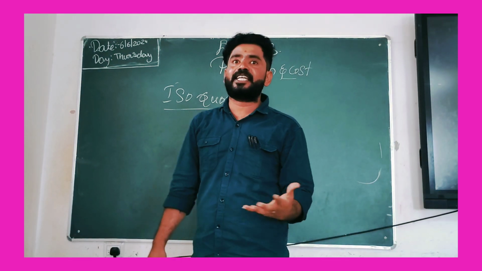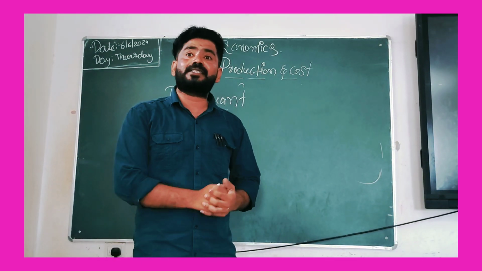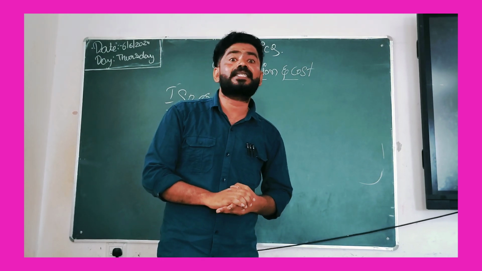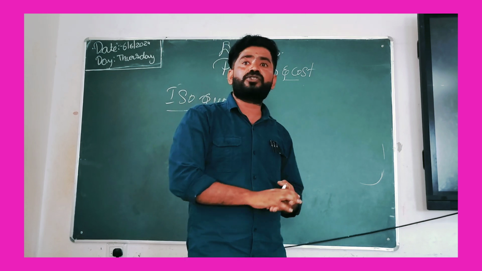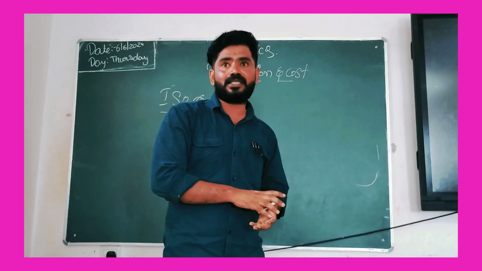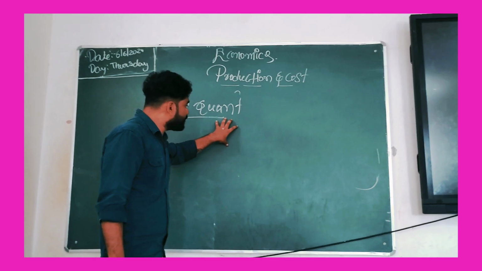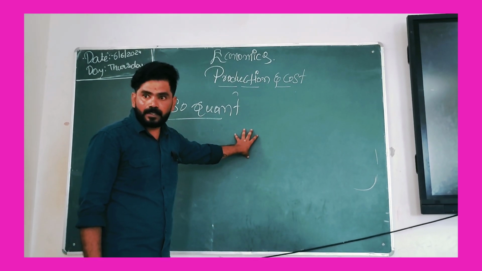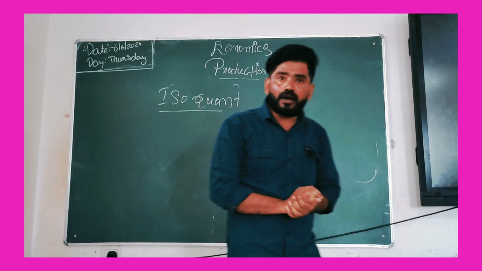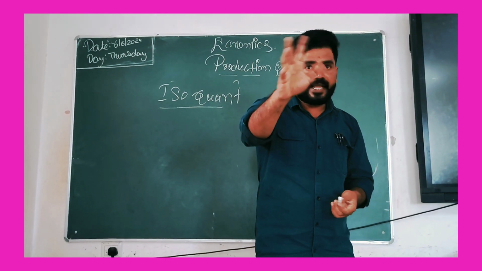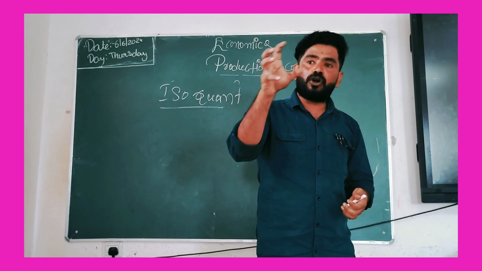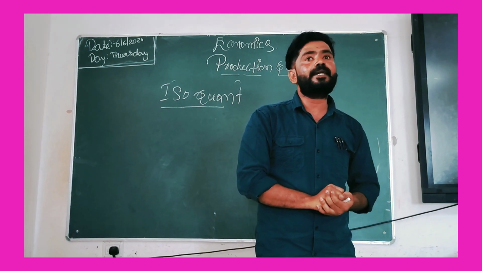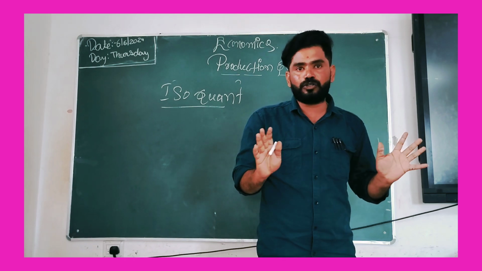In the previous chapter, the second chapter in your lesson, we understood indifference curves. Indifference curves are related to consumers, but isoquant is related to production. Isoquant refers to a set of various possible combinations of two inputs that yield the maximum level of output.